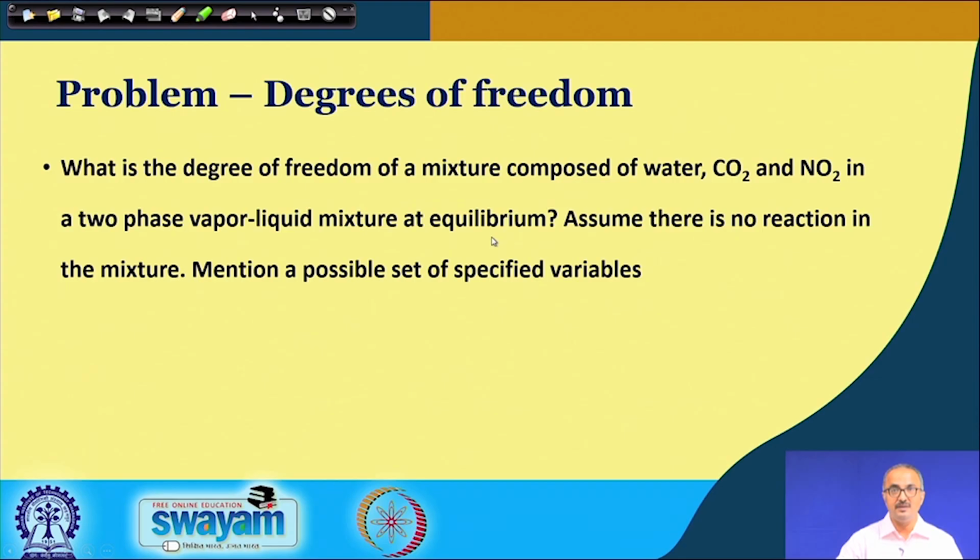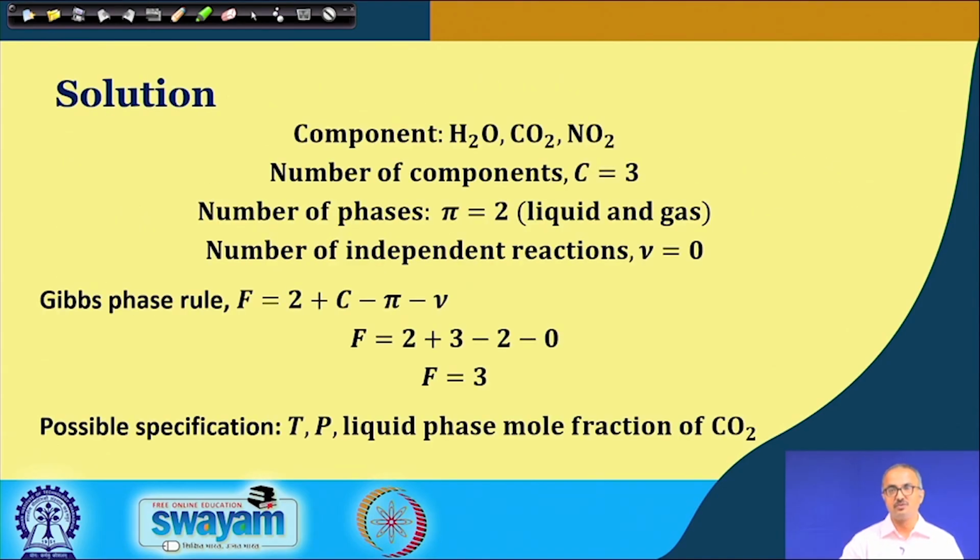As we learnt earlier, degrees of freedom applies only to systems at equilibrium. It is also mentioned that there is no reaction in the mixture. The second part of the question is to mention a possible set of specified variables, as degrees of freedom gives us the minimum number of intensive variables needed to describe the system completely at equilibrium. So, let us go to the solution.